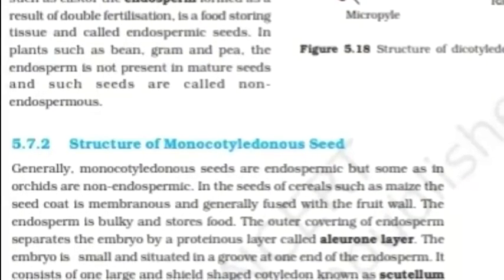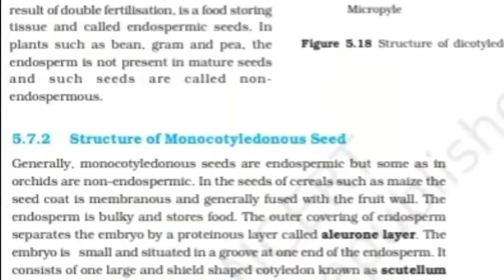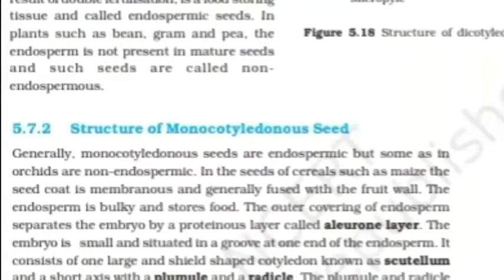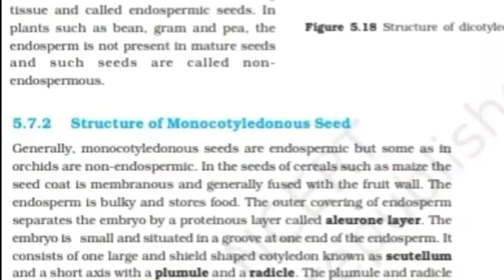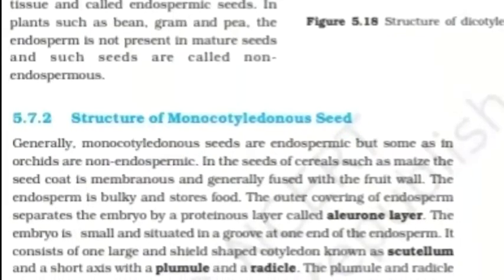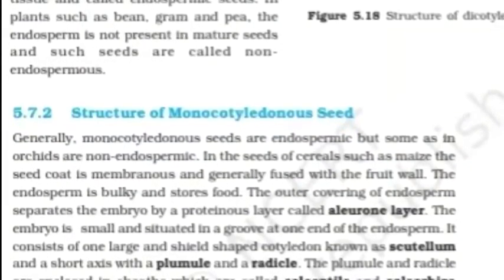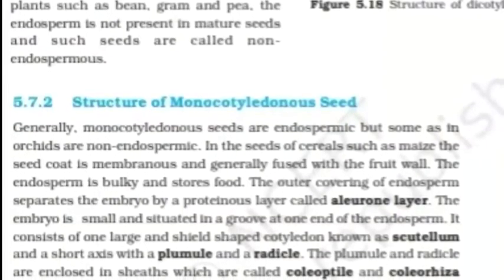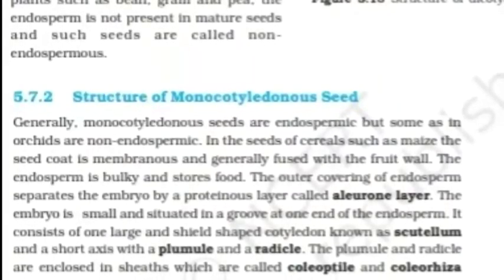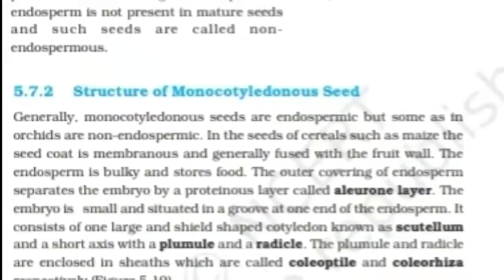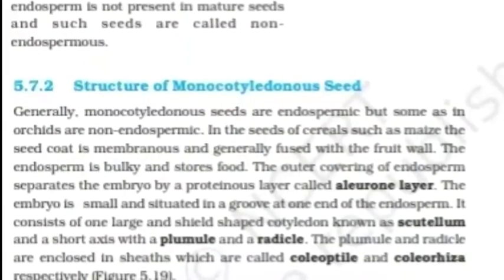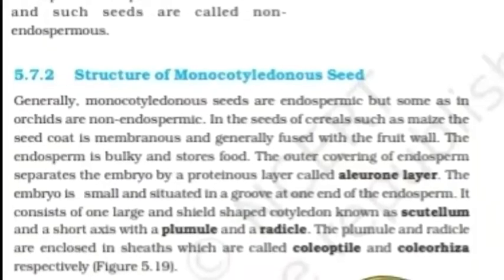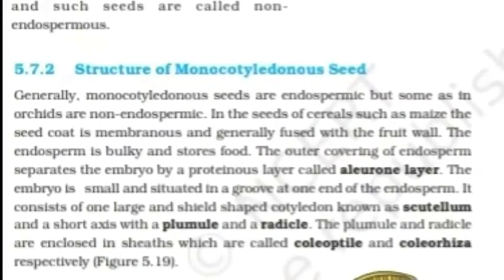In the seed of cereals such as maize, the seed coat is membranous and generally fused with the fruit wall. The endosperm is bulky and stores food. The outer covering of the endosperm separates the embryo by a proteinous layer called the aleurone layer. The embryo is small, situated in a groove at one end of the endosperm.